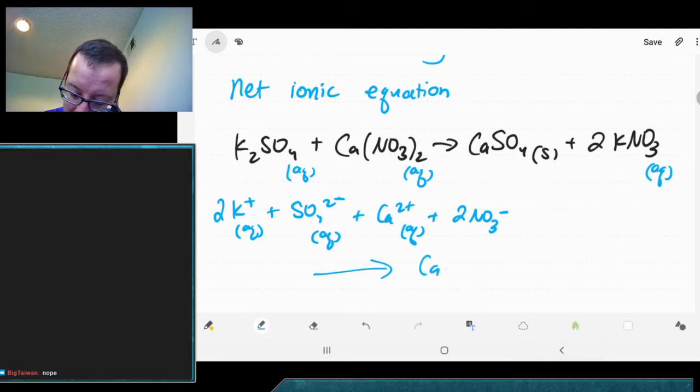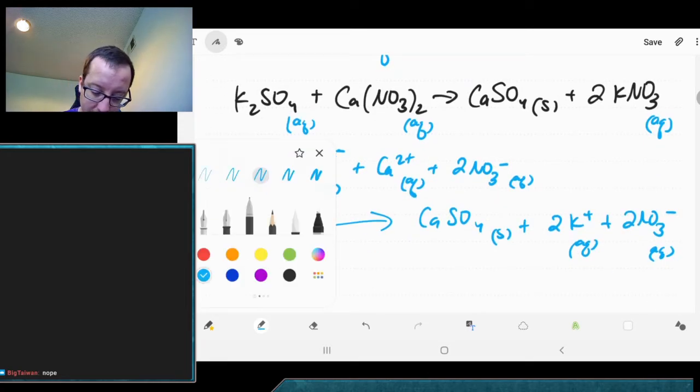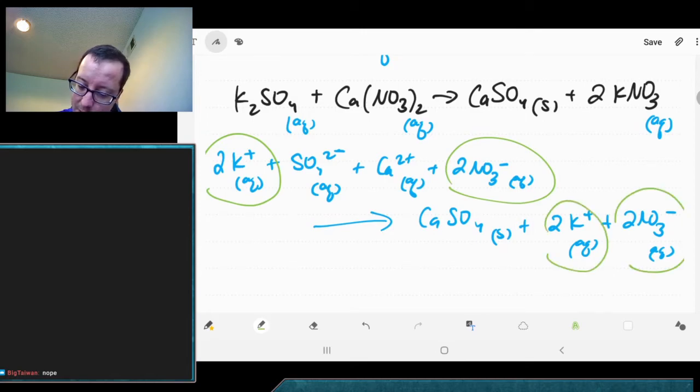I have no space again, so I have to write down here. These take a little bit more space. All right, so if we notice here, we have things that are identical on both sides of the reaction.